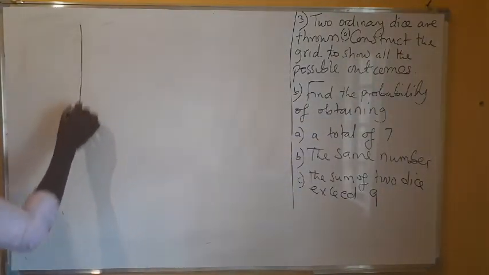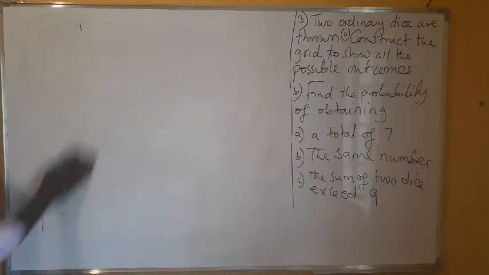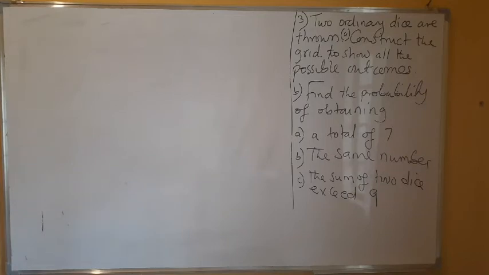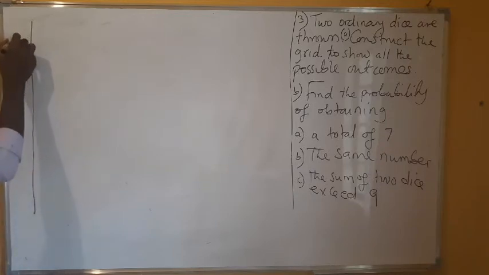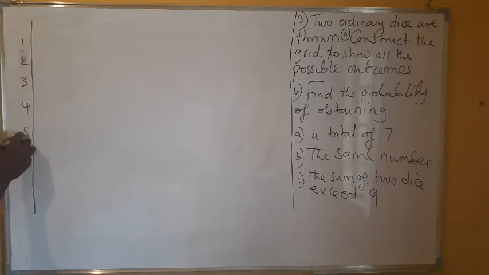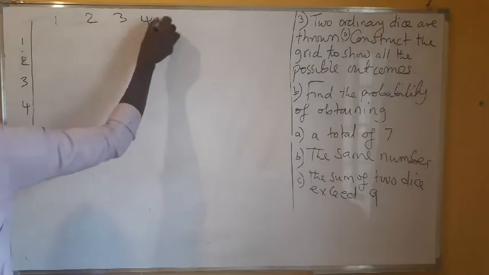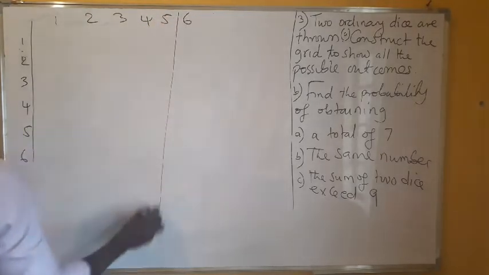So we have got the first die where we are expecting 1, 2, 3, 4, 5, 6. It goes up to 6. Then the second one also gives us 1, 2, 3, 4, 5, 6.